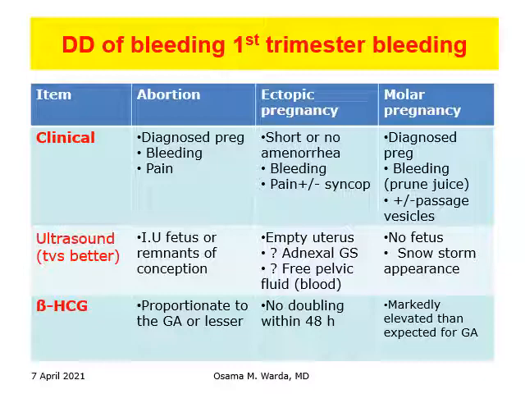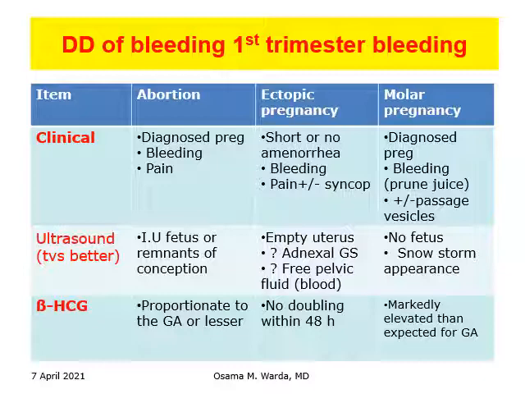In abortion, pregnancy is diagnosed, and there is bleeding and pain. Ectopic pregnancy: short or no period of amenorrhea with bleeding, pain, plus or minus syncopal attacks. Molar pregnancy: diagnosed pregnancy, bleeding with brownish appearance, plus or minus passage of vesicles, which is not common.